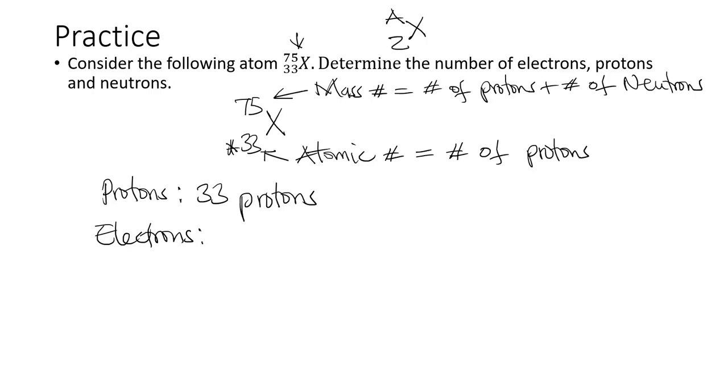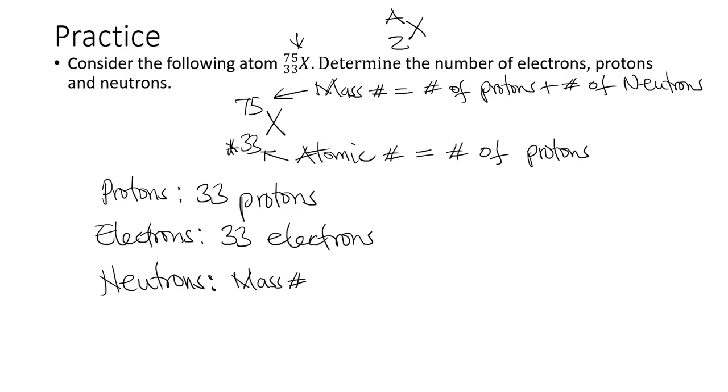What about electrons? I also have 33 electrons because I know that in a neutral atom, the number of protons is equal to the number of electrons. What about neutrons? So the number of neutrons is the mass number times the number of protons. So it's mass number, not times, minus.